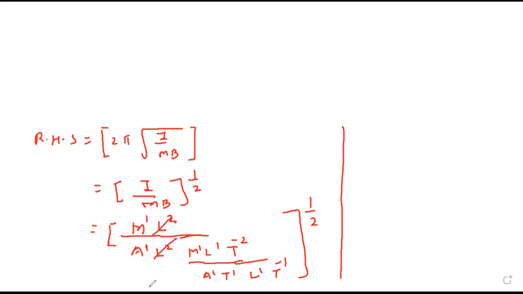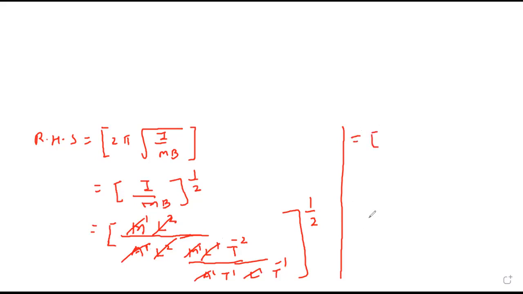L2 I can cancel. Yes or no? Yes, sir. M1 also I can cancel. This A1 I can cancel. This L1 I can cancel. And T1 and T minus 1 is what?